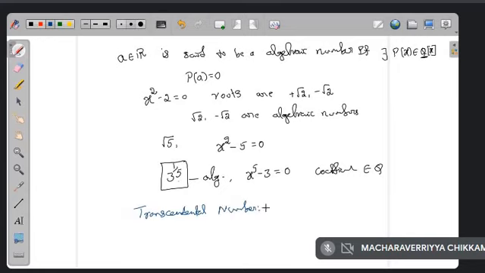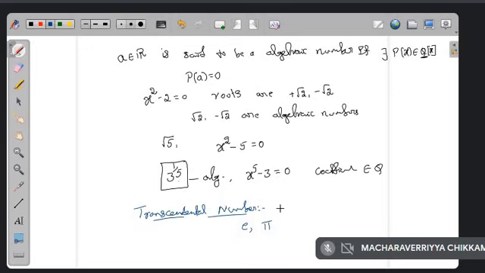So a transcendental number is nothing but a number which is not algebraic. Okay. It means if it is not a root of a polynomial with rational coefficients, that number is a transcendental number. For example, can you give me some number which is not a root of a polynomial with rational coefficients? Yeah, I'll tell you. If you take the numbers e and pi, these are transcendental numbers.